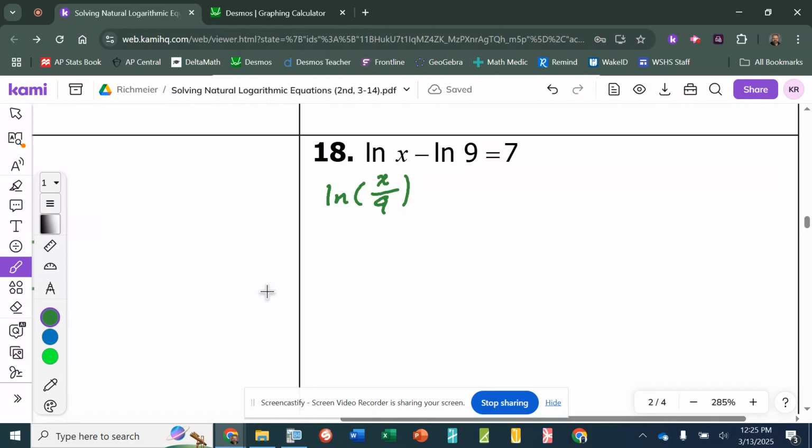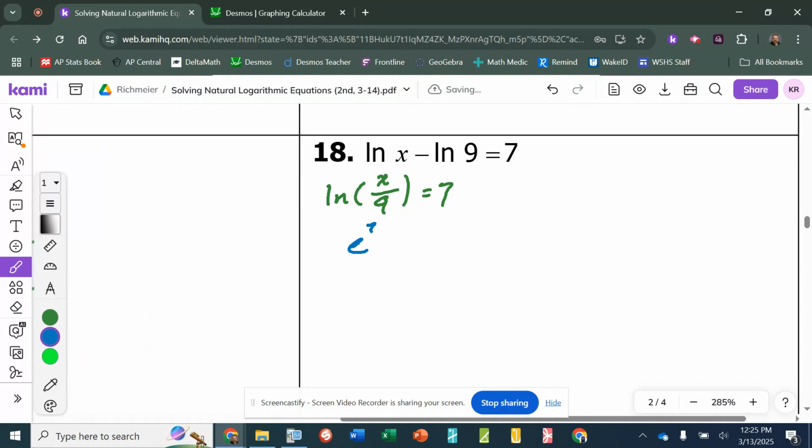Because remember, when we're subtracting, we're using the quotient property. And it simply says take the first logarithm, the argument will go in the numerator. Second logarithm, the value will go in the denominator. Now it's condensed, it's isolated, I don't have anything else to do, so this is where we'll come along and rewrite it in exponential form.